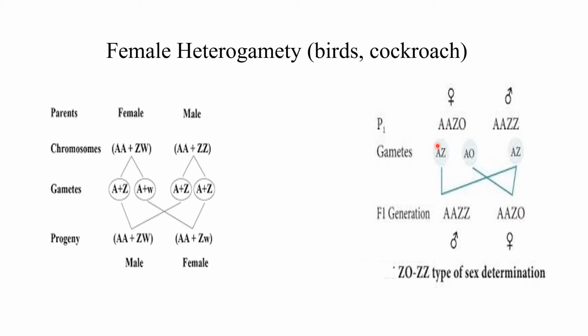See here, cockroach: the female along with autosomes has Z0, but male along with autosomes ZZ. So here all gametes possess only Z, but the female can produce gametes with Z or with 0. So this is female heterogamety. Based on this, sex can be determined.